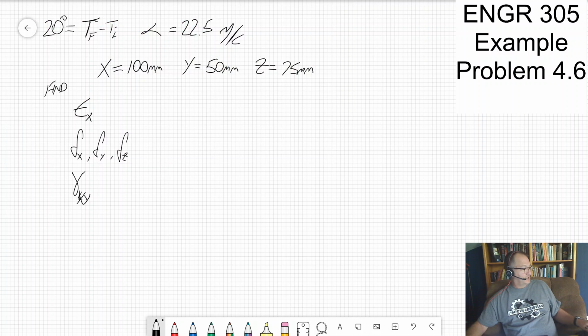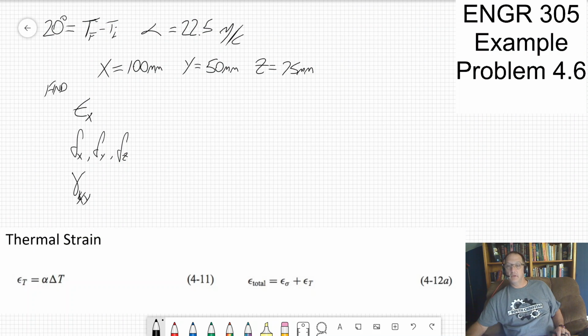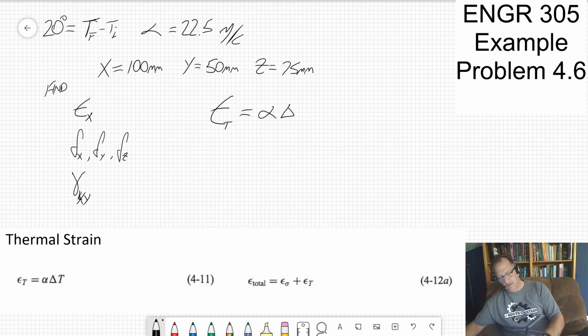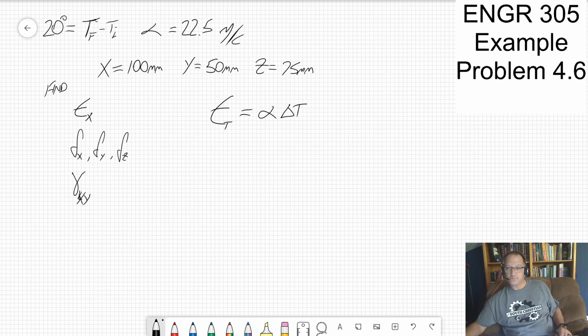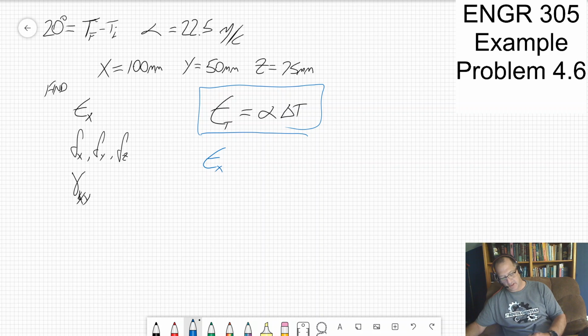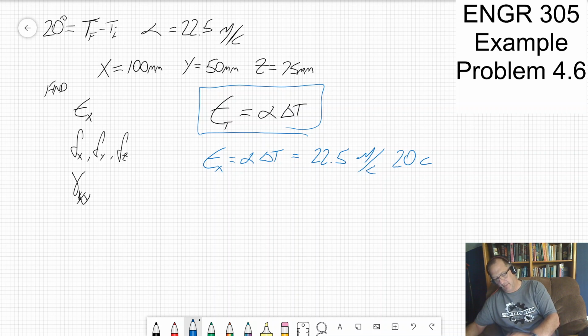Well, the equations that we get to work with are those equations. The thermal strain is equal to alpha delta T, or we could use the total strain equation, but we're not going to use that, so we're just sticking with what we've got there. So the strain in the X direction is equal to alpha delta T, which is equal to 22.5 micro per C times a 20-degree temperature increase.